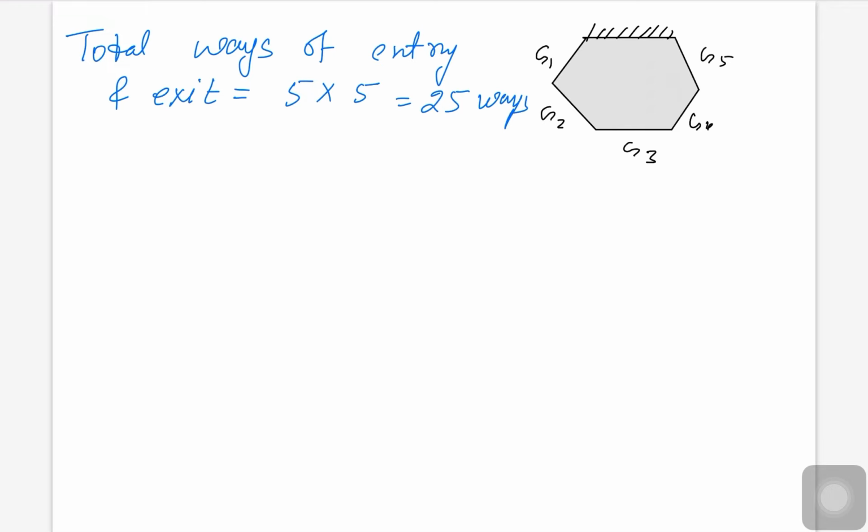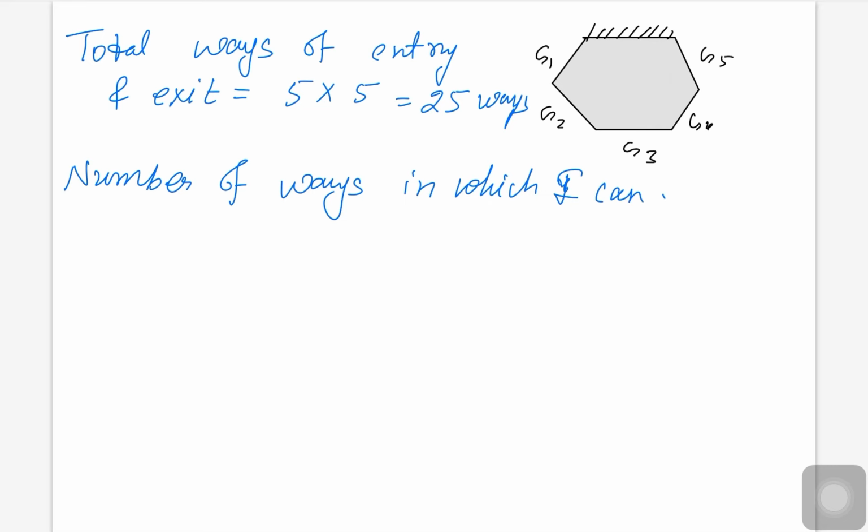Now let us take a condition: the number of ways in which I can enter and leave by a different door.